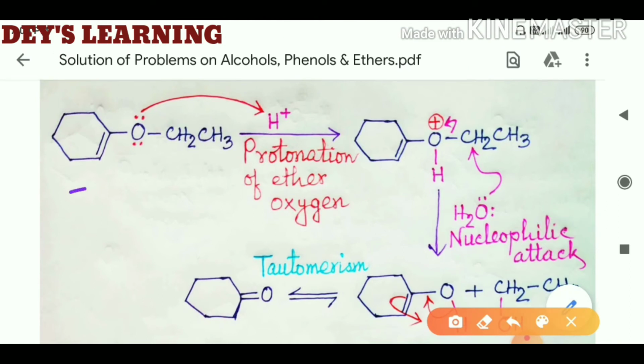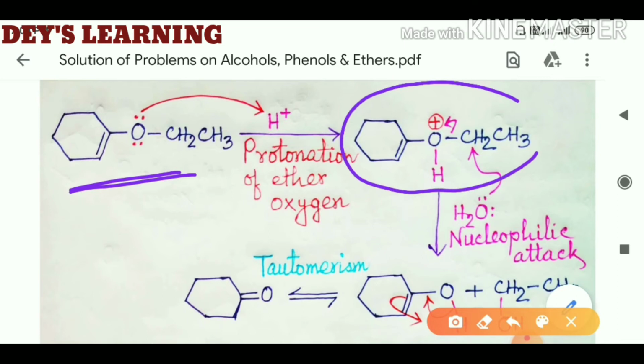Look at here, in this molecule, in the first step, the ether oxygen will be protonated, and on protonation of the molecule, we will get this sort of intermediate where the oxygen atom is positively charged.